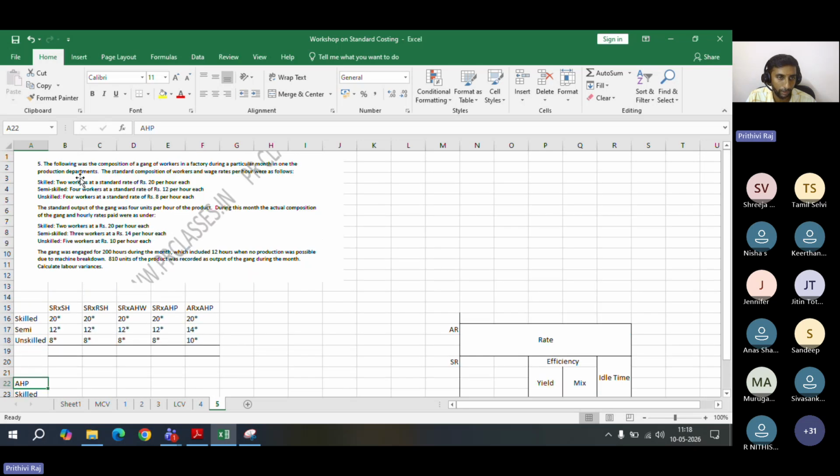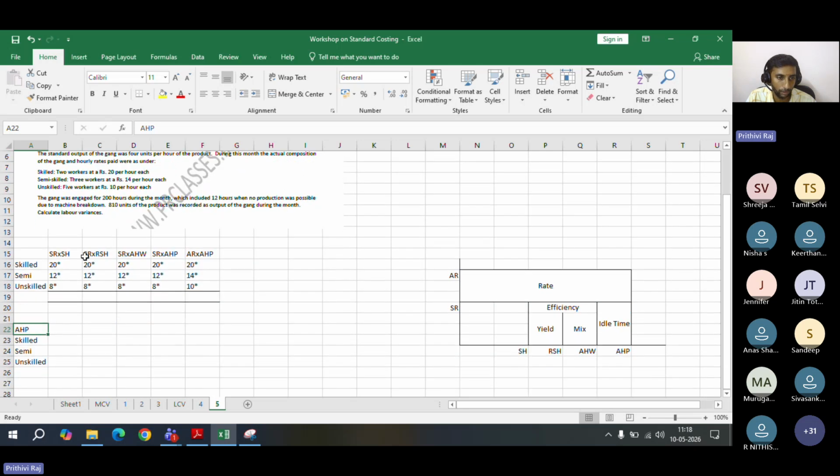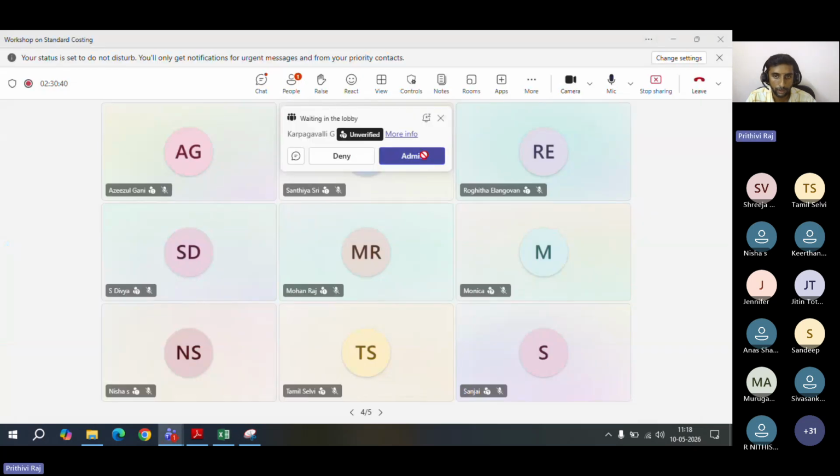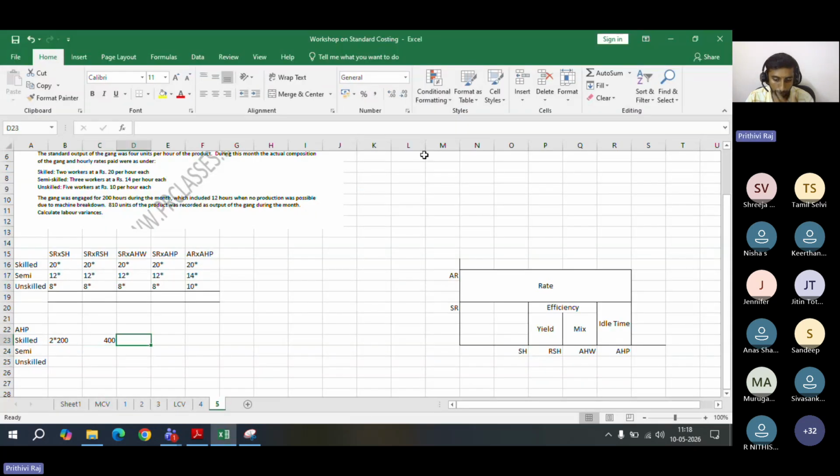I should not take standard labors now. I should take actual labors. It is 2 labors for skilled. 2 labors into 200 hours, if I do it, it is 400 labor hours. Similarly here, 3 into 200, 3 workers semi-skilled.